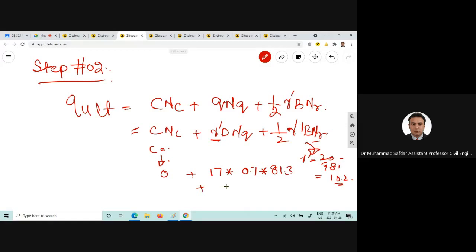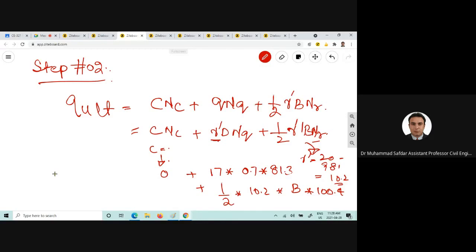So the effective unit weight would be half of gamma prime into B and into 100.4.